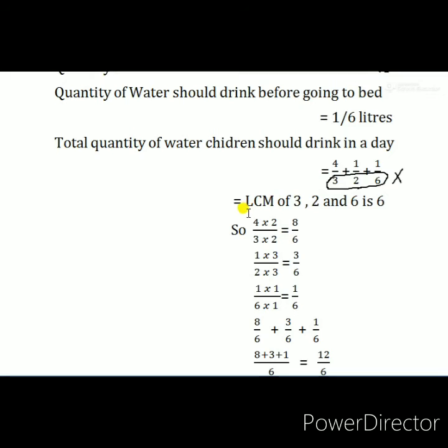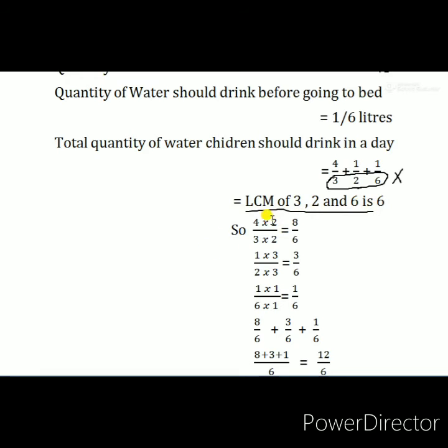First of all, we have to convert the different, or unlike, fractions into like fractions. For that purpose, what do we have to do? You might have learned about that. In the lesson also I explained, if the denominators are different, we have to find the LCM of the denominators. That means the LCM of 3, 2 and 6.